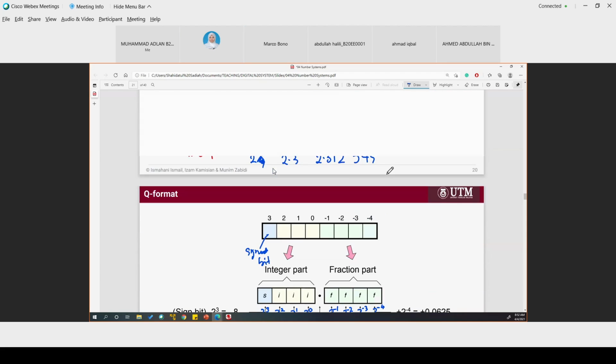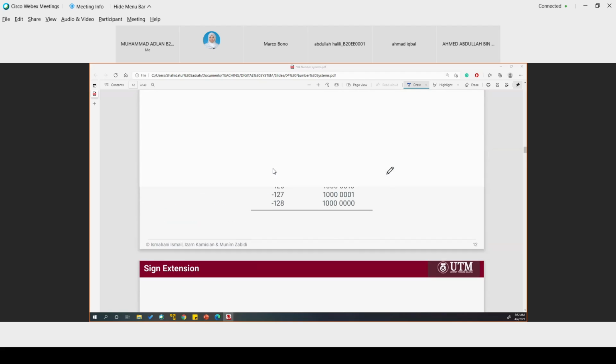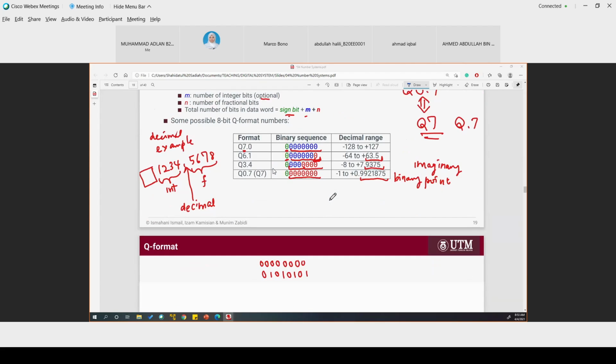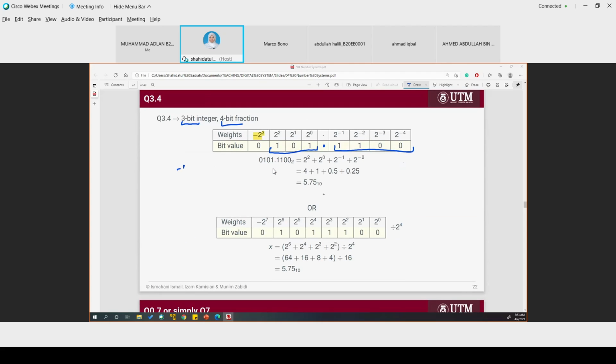Negative bit over weight is negative 0 to the power of 3, plus 1, plus 0, plus 1, plus 1, plus 1 over 4.